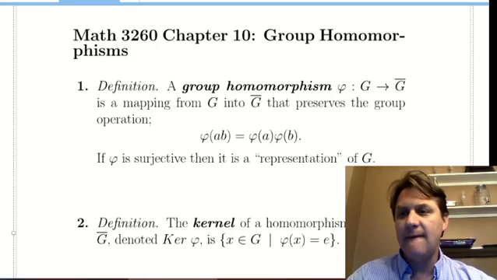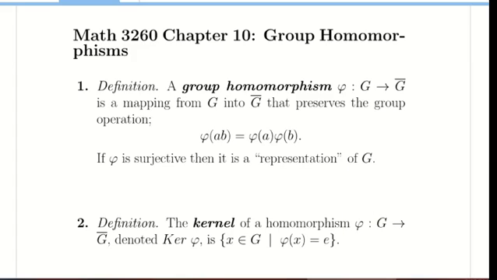Okay, let's get started. We're going to talk about group homomorphisms, which we've already been talking about a lot, actually, except we were talking about the special case of a homomorphism, which is an isomorphism. A homomorphism is any map from a group to another one that is operation preserving.